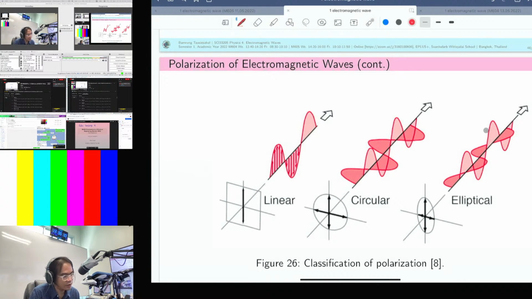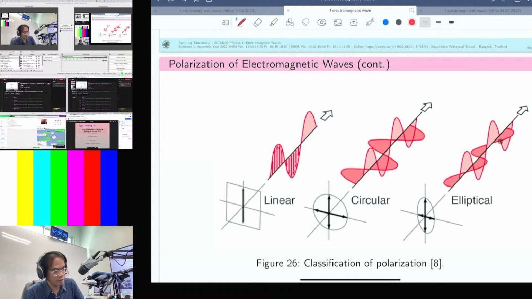And on the third figure, we have two components again of the E field, one on the horizontal plane, another one on the vertical plane. But on the vertical plane, we have a greater magnitude, and once the E field goes by, it's going to rotate, right?